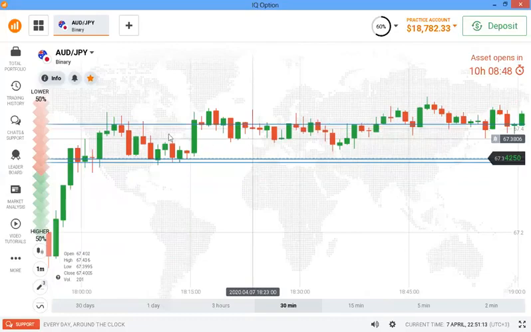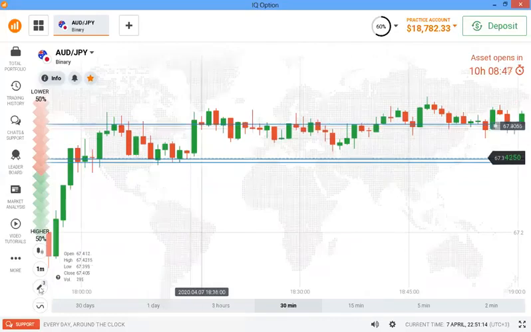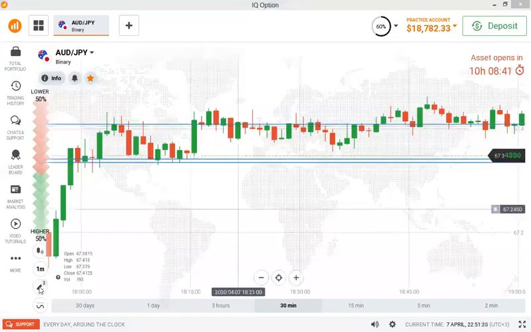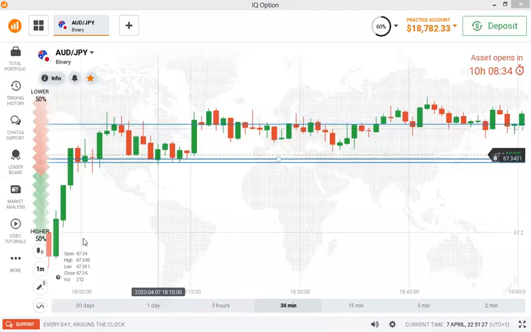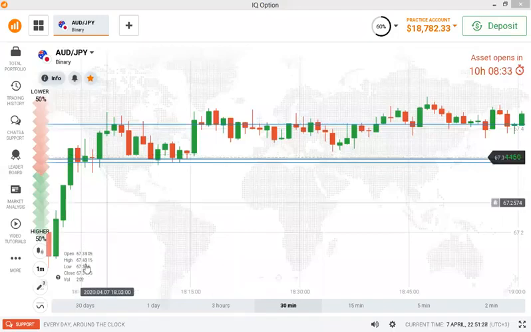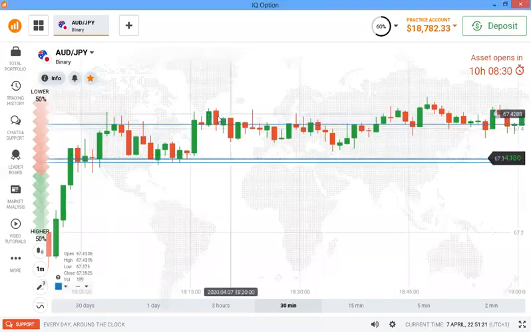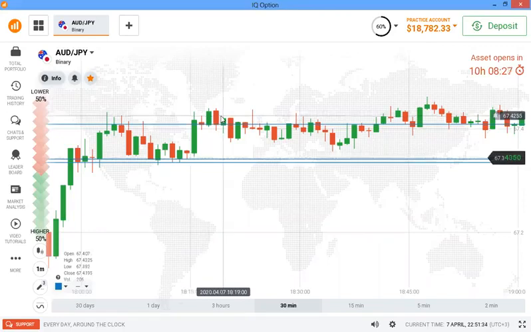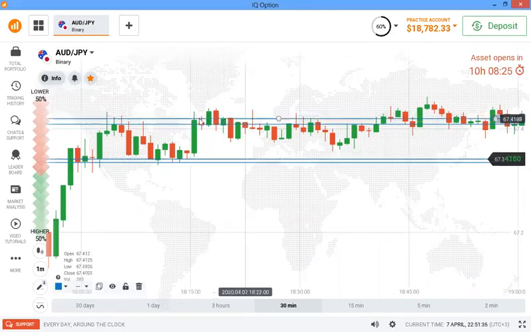So when you want to draw an area, you check another level where the market reverses multiple times. When you find the other level, that means that is an area.